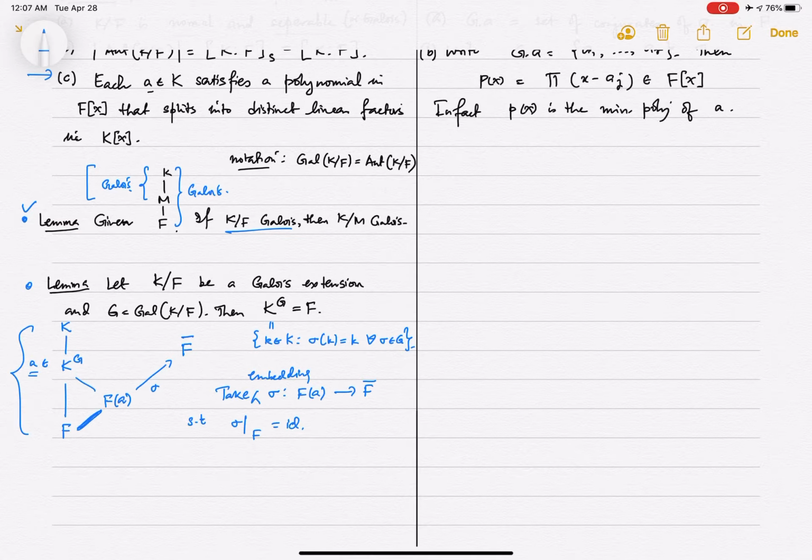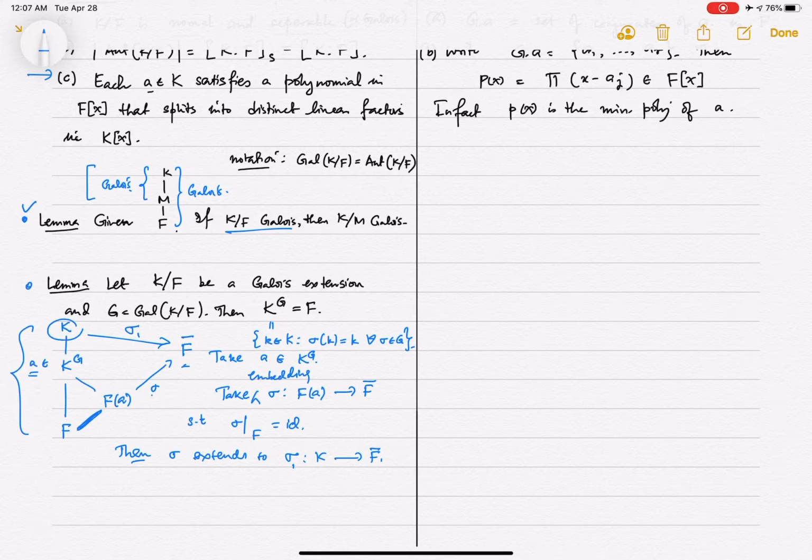Maybe I should first say that take A in K^G, right? And then take one of these embeddings. Then we know that it actually extends up here. Whenever you have an algebraic extension and you have an algebraic closure, then any embedding can be extended. Then sigma extends to sigma 1 from K to F bar.